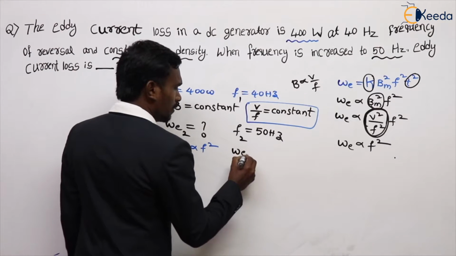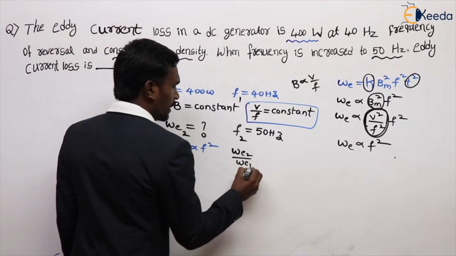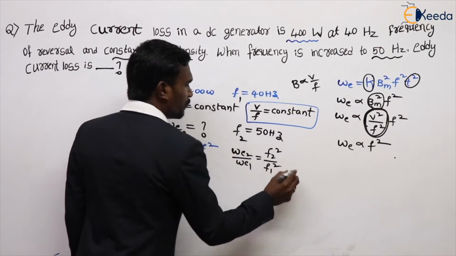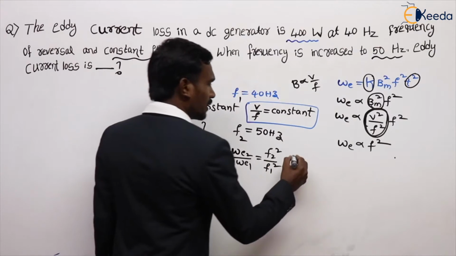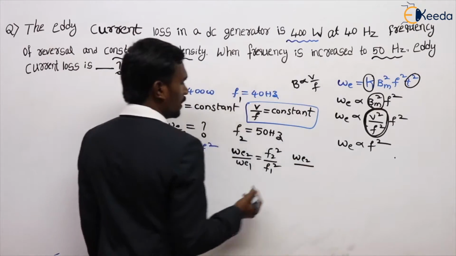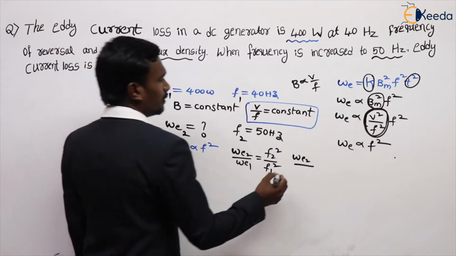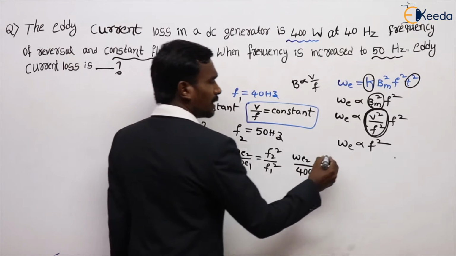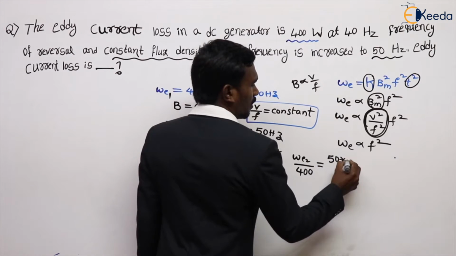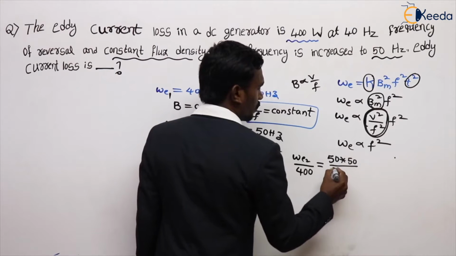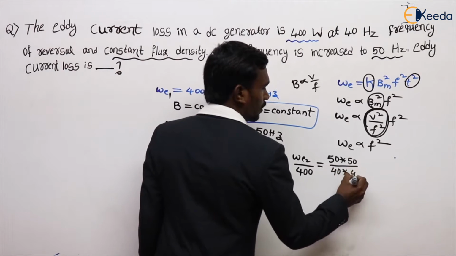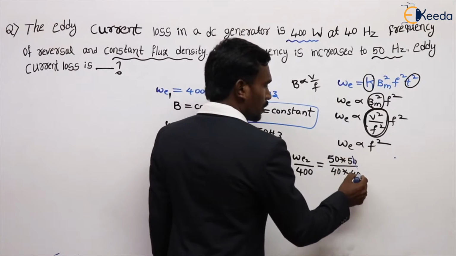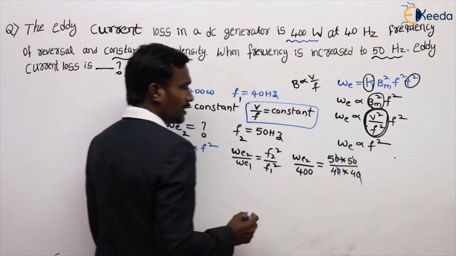Nothing but W2 upon W1 equals F2 square upon F1 square. What is W1? 400 watts. F2 is 50 hertz. So 50 square upon 40 square. Are you okay? The zeros cancel.